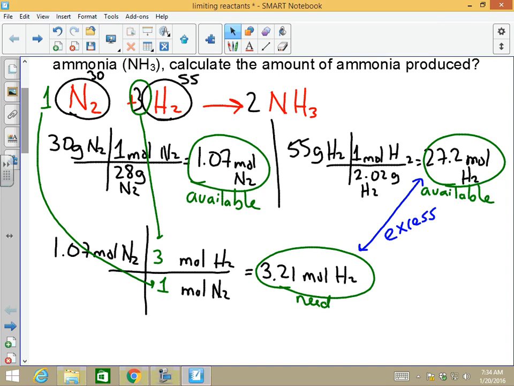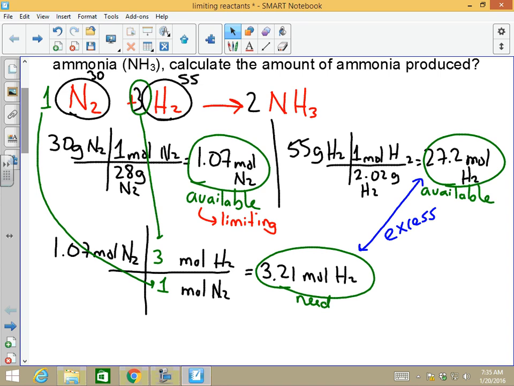If H2 is in excess, then my N2 is my limiting reactant. If one has too much, I have too little of the other.